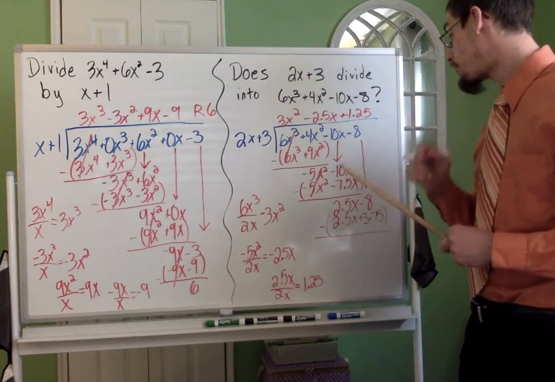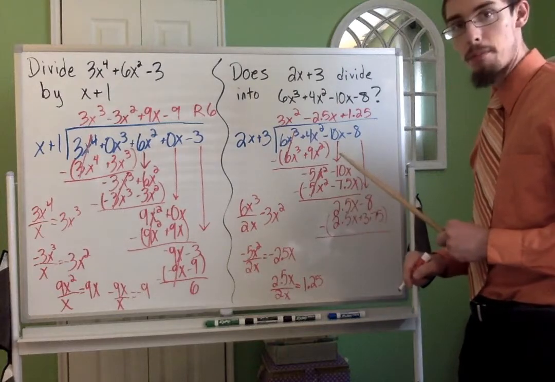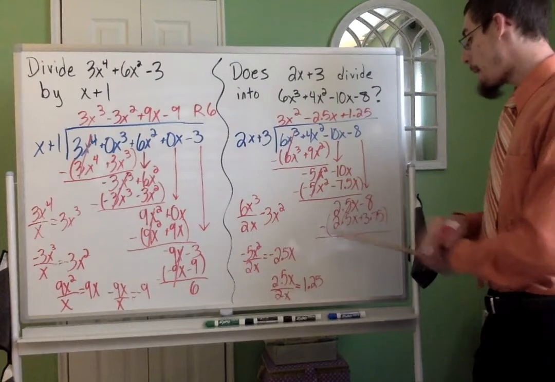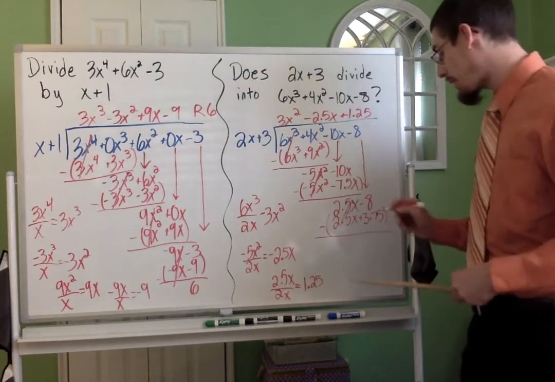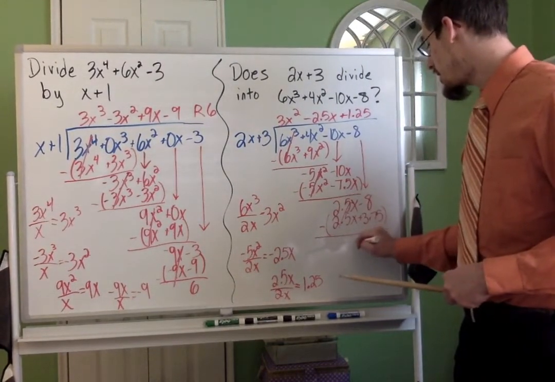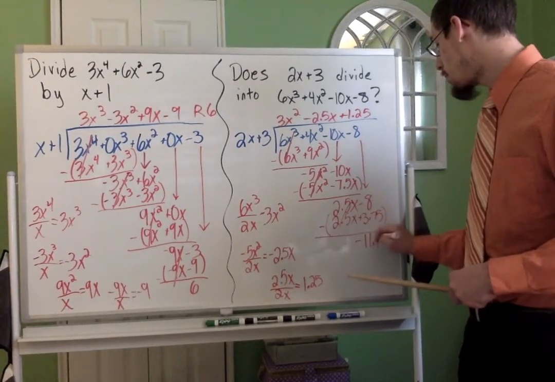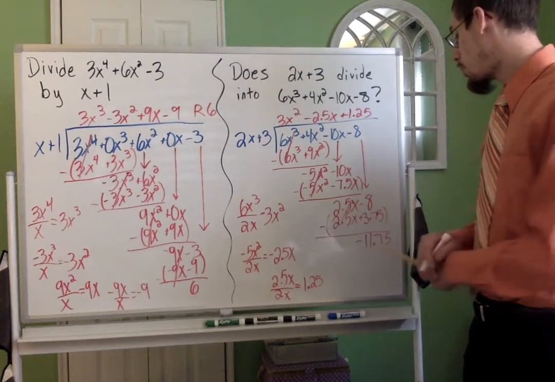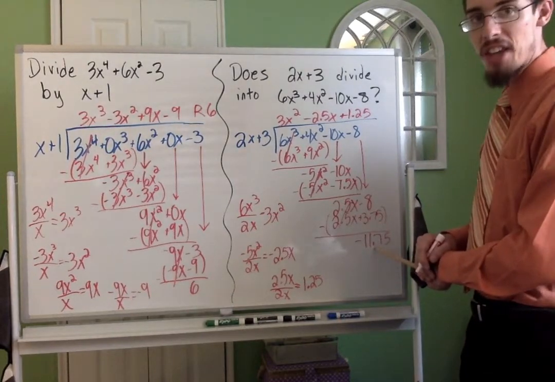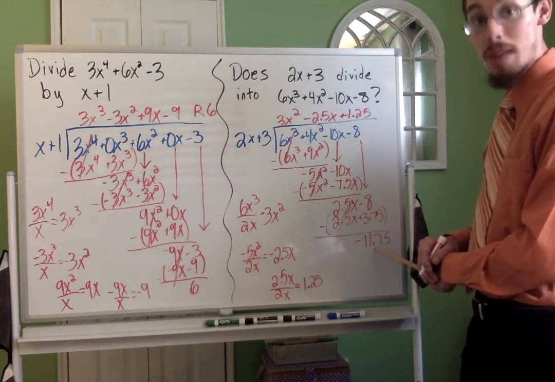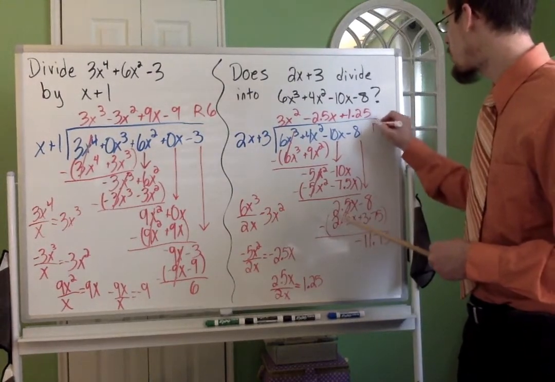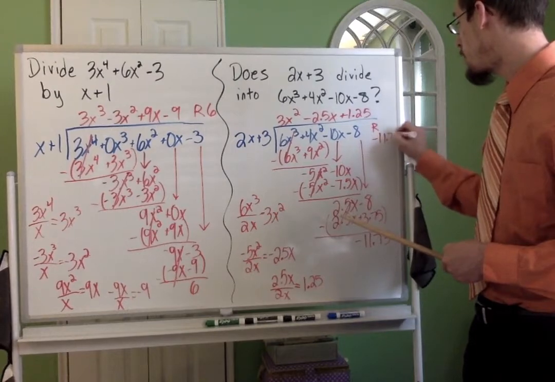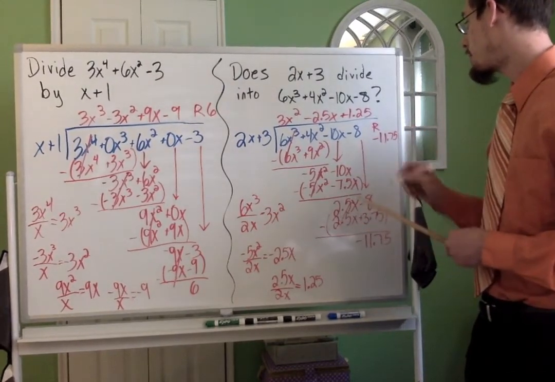So 2.5 minus 2.5 cancels. Negative 8 minus 3.75 is negative 11.75. Since I reached the end of the problem, that means I have a remainder. So a remainder of negative 11.75.